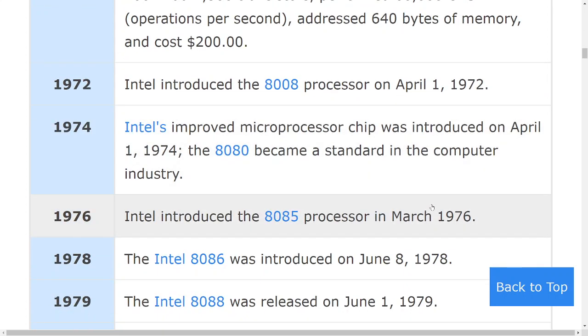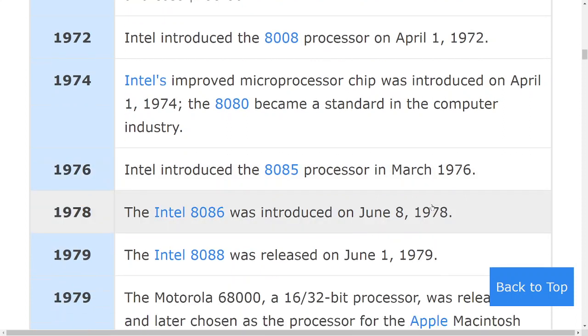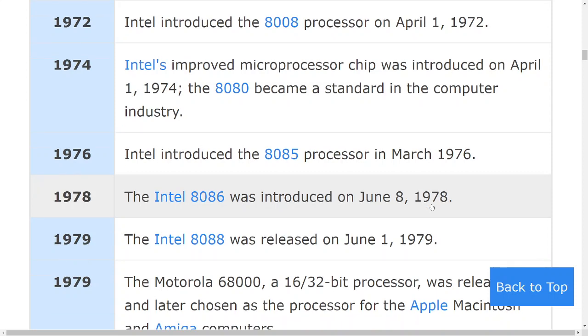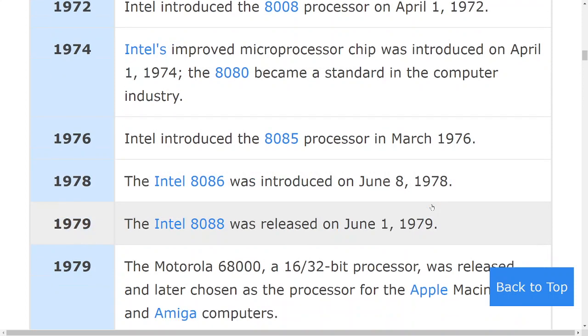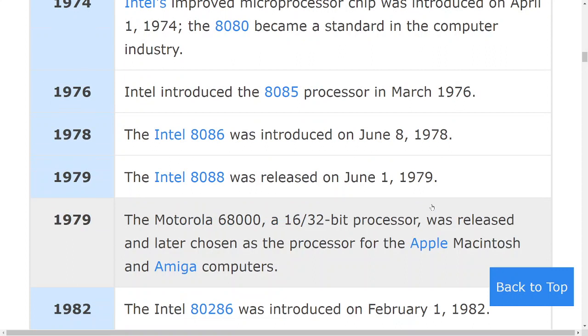Then in 1976, Intel introduced the 8085. In 1978, Intel introduced the 8086. In the next year, it was the 8088. In 1979, the Motorola 68000, a 16 and 32-bit processor, was released.